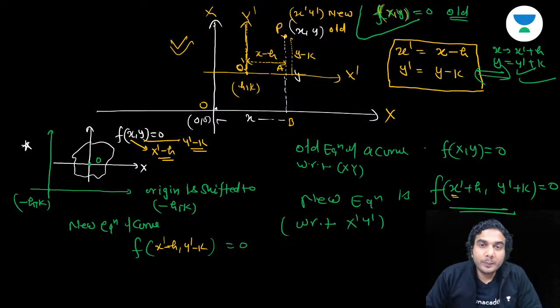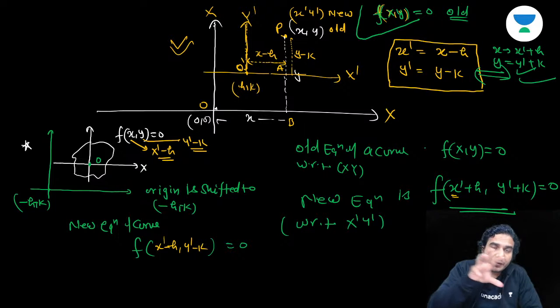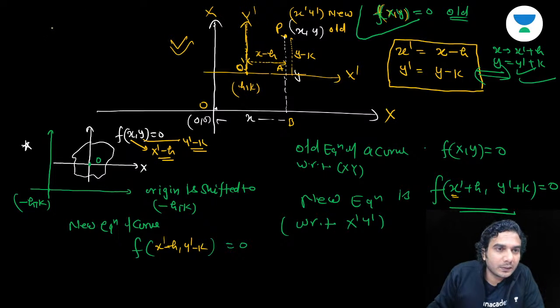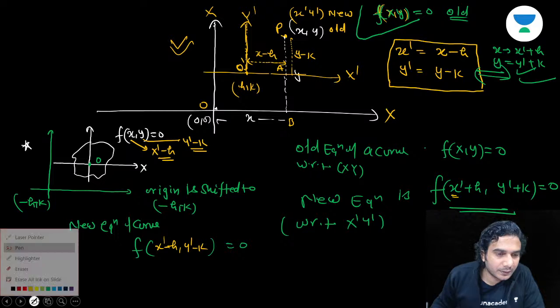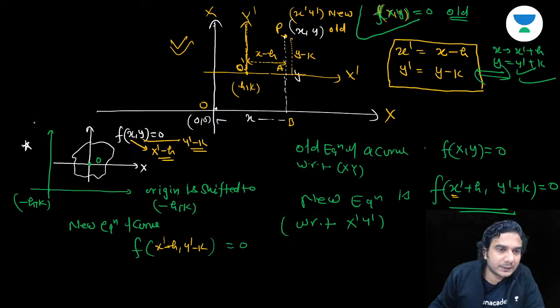Now why? Because if you shift the curve, now relate it. Suppose this was the situation. I'm telling you the situation. This case is equivalent to this one. Now suppose this is the origin, okay?